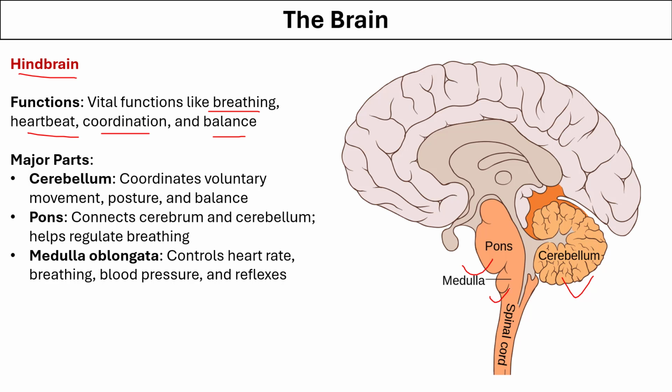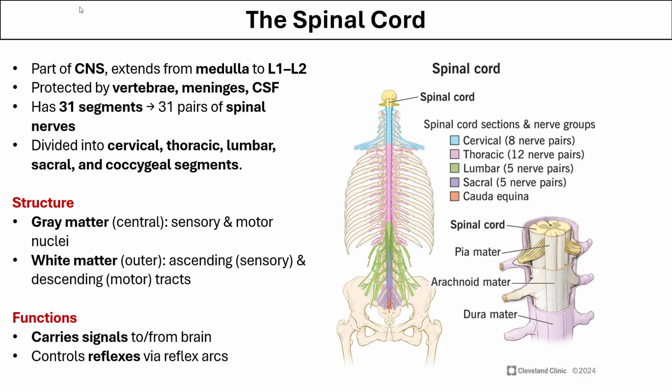The cerebellum is involved in the regulation of voluntary movement, posture, and balance. The pons connects the cerebrum with the cerebellum and regulates breathing, and the medulla oblongata is involved in the regulation of life functions such as heart rate, breathing, blood pressure, and reflexes.